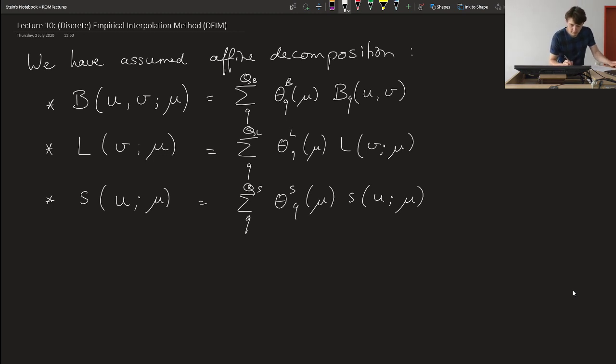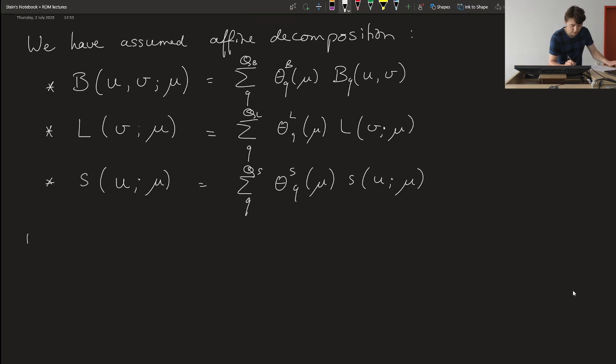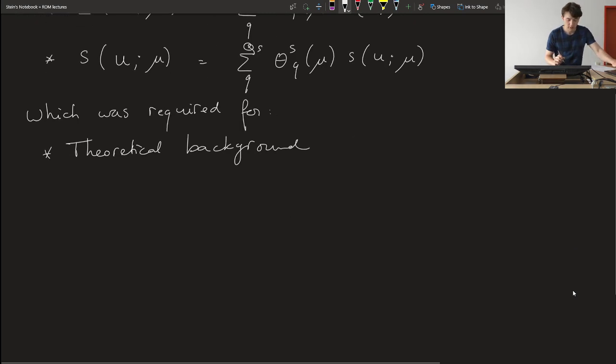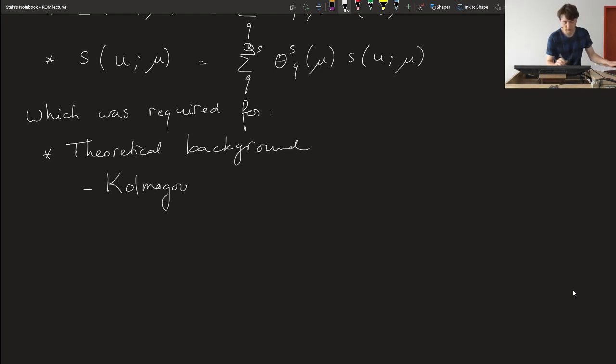And we required this affine decomposition also for a number of reasons. So which was required? For, first of all, the theoretical background. And specifically during our talks about the Kolmogorov n-width, which said something about how wide our solution manifold was, in the sense that if it was very wide, then it would be very difficult to approximate it with a finite dimensional small subset of bases.